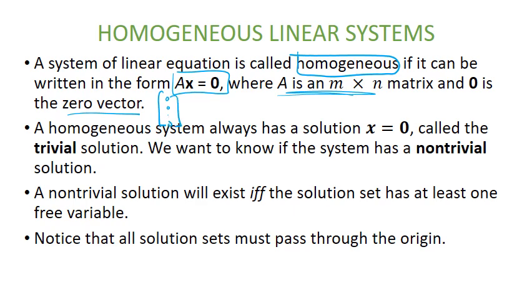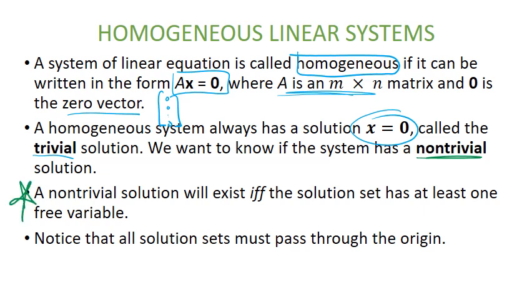A homogeneous system always has a solution of x equals 0, and that's called the trivial solution. What we are interested in finding is the non-trivial solution. So this piece here is important.